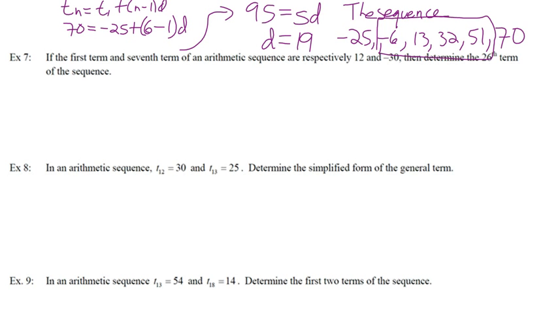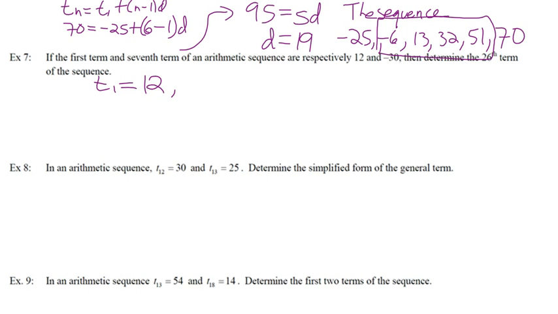Oh my god, 3 more. If the first term and 7th term of an arithmetic sequence are respectively 12 and negative 30, then determine the 26th term. Okay. You see any parallels to what we just did? What's T1?